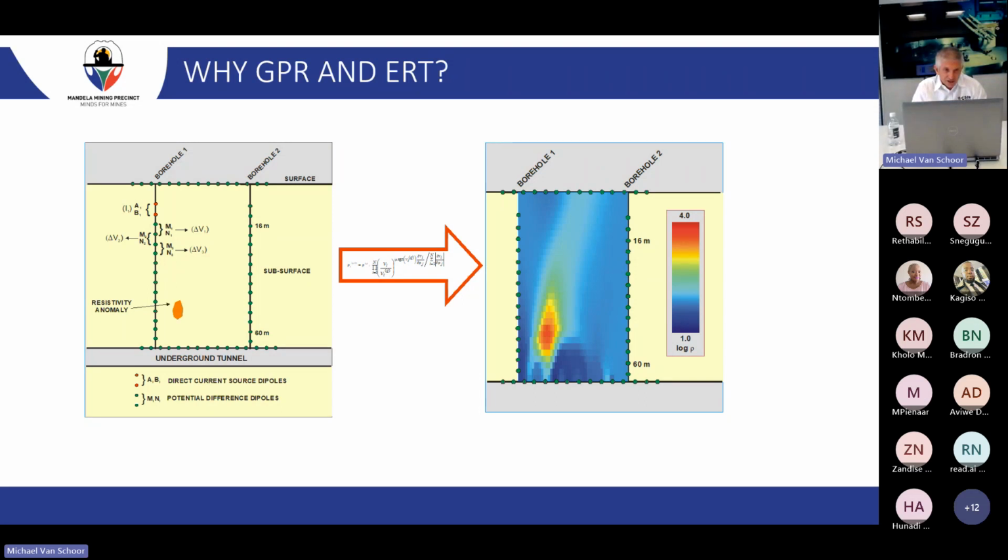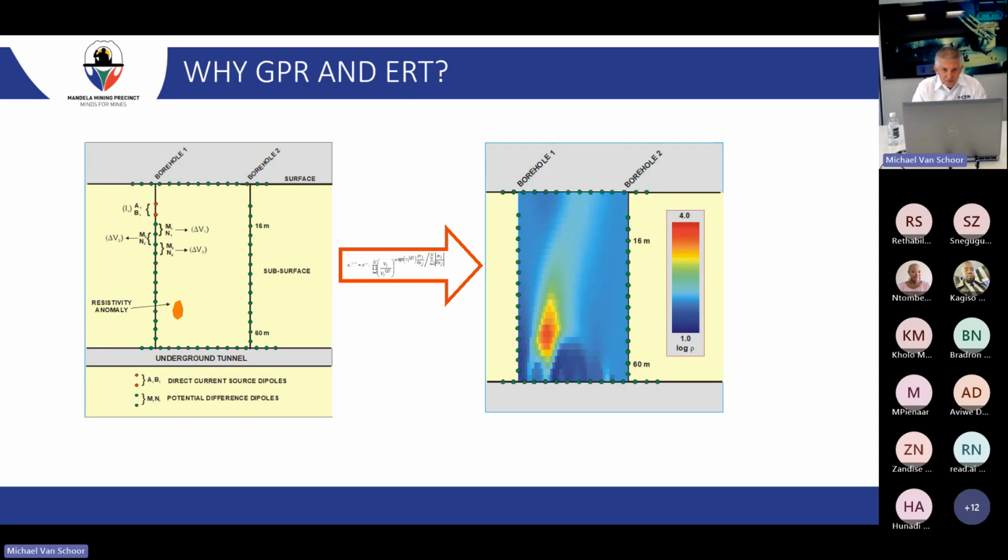You don't have to surround it completely. You can often only gain access from two sides, like if you have two coplanar boreholes drilled from a development, or as we often apply it, we use two coplanar tunnels to do tunnel-to-tunnel tomography.